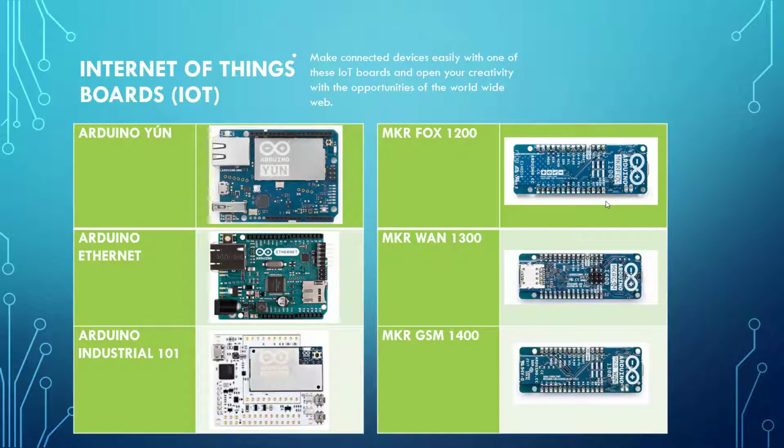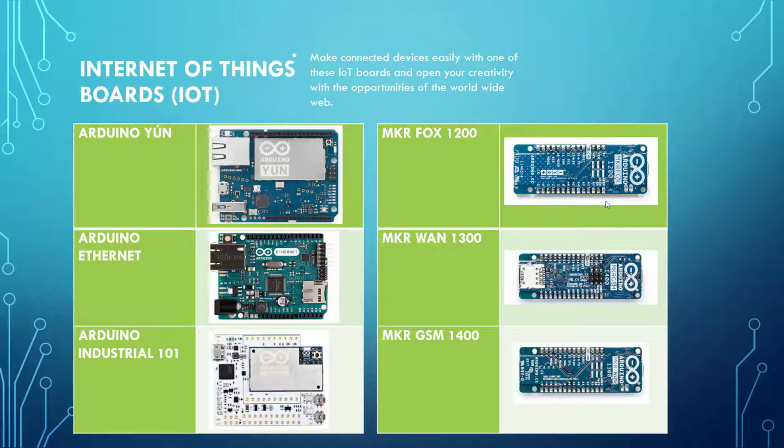So we have another category of Arduinos, called Internet of Things, IoT. These Arduinos can be connected to the internet. They have the ability to connect to Wi-Fi or your Ethernet internet connection. So the Arduino Uno is a type of Arduino that can be connected to your internet wire.